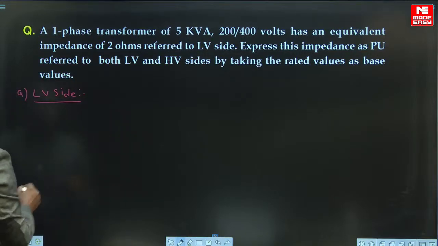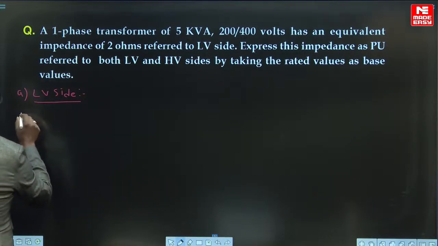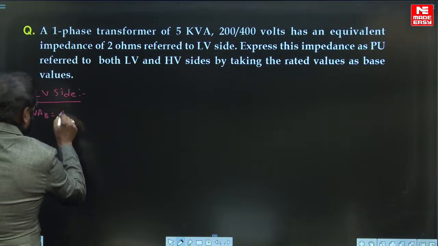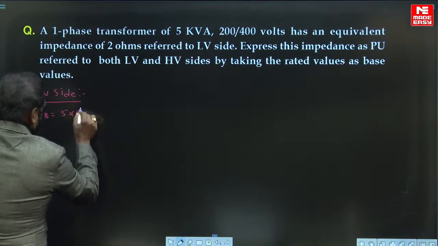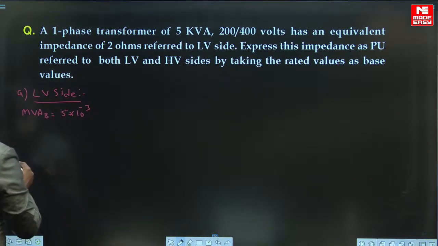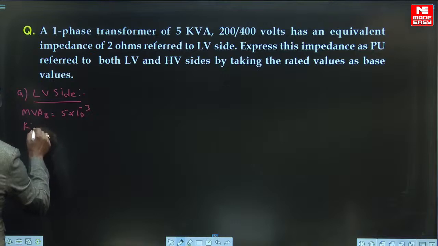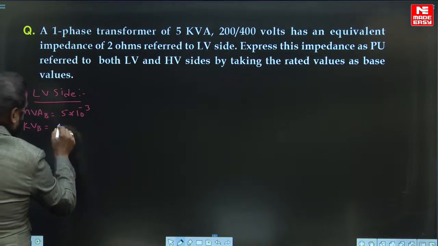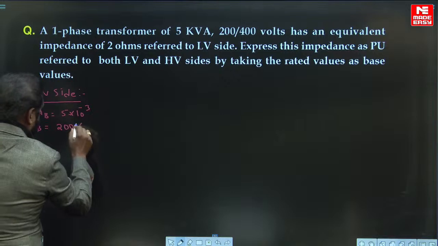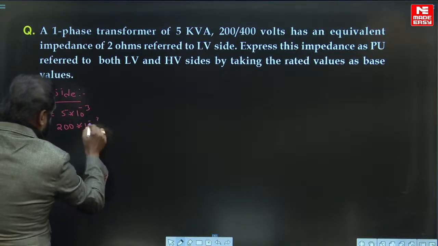MVA base equals 5 into 10 power minus 3, because it is given as 5 kVA. kV base on the LV side is 200, that is 200 into 10 power minus 3.